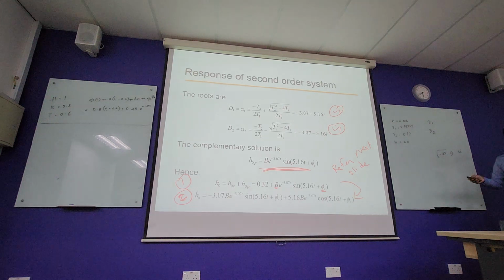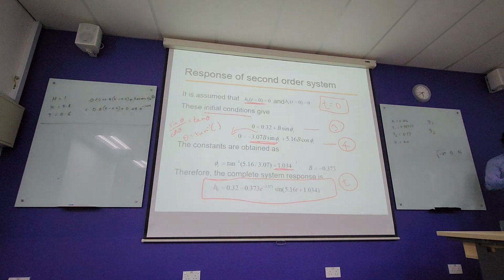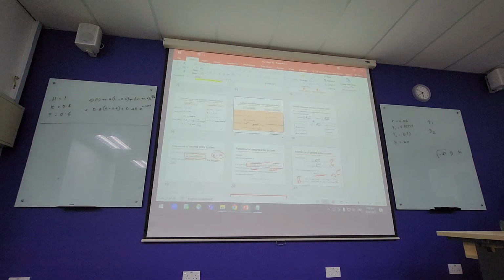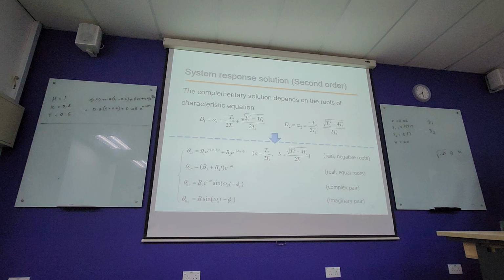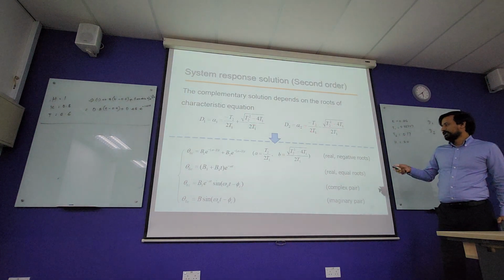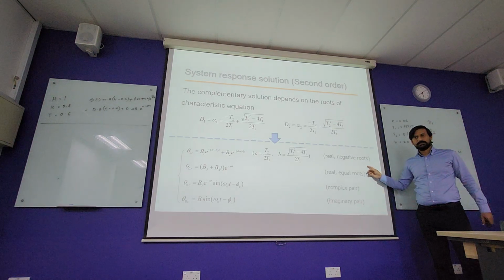Maybe I'll show the formula sheet. Let me get that. Okay, so first we do d1, d2, and whatever number we get, there is a full set of conditions over here.